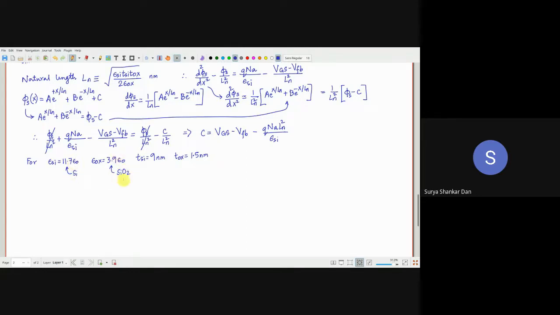We will replace this with HFO2, and this silicon will be replaced by silicon germanium. This device was invented by myself. In the latest devices, modern FinFETs and all, people will be using silicon germanium and HFO2. For silicon germanium this epsilon will essentially become around 15.